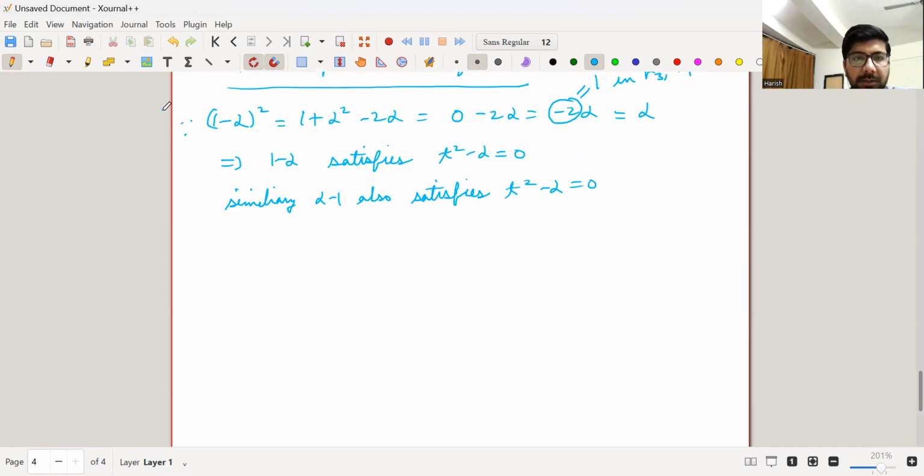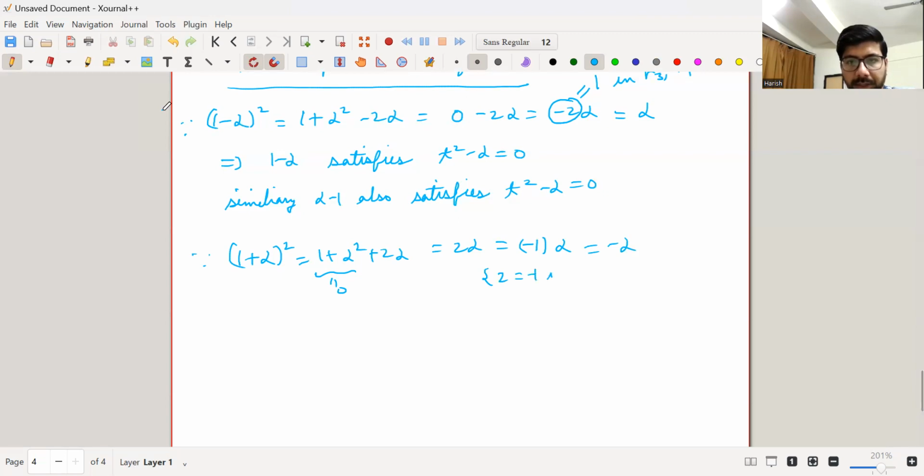Now you can check that 1 plus alpha square is 1 plus alpha square plus 2 alpha. This part is 0 because alpha square is equal to minus 1. You have 2 alpha, and you are in a characteristic 3 field, so this is minus of alpha, and this is happening because 2 is equal to minus 1 in f3, right?